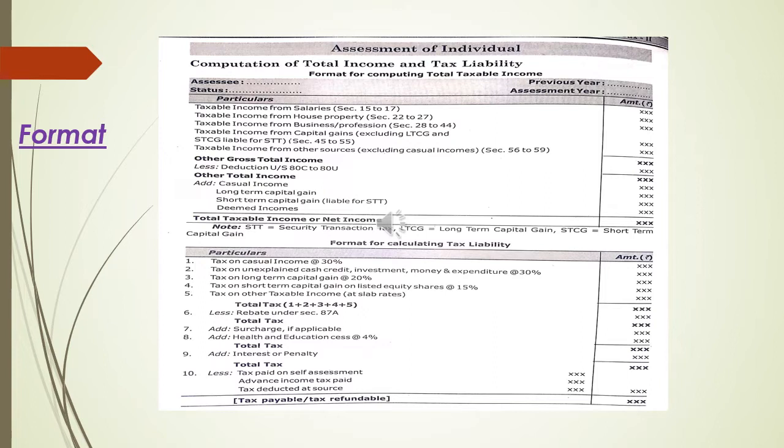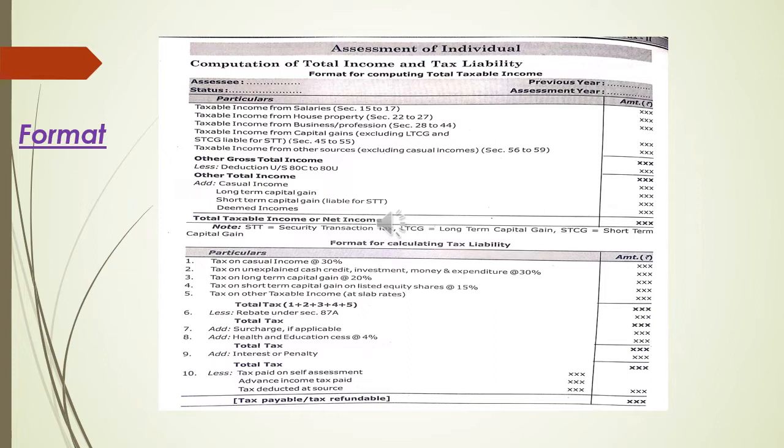If your total income is less than 3,550,000 per annum, then you are eligible to claim a rebate under Section 87A for rupees 2,500 or 100% of your total tax liability, whichever is less.